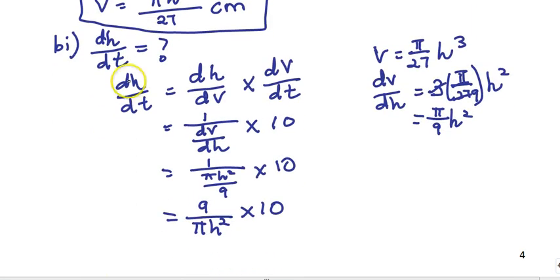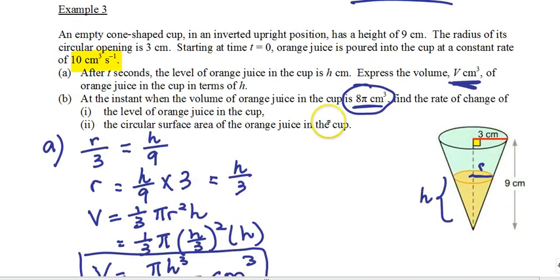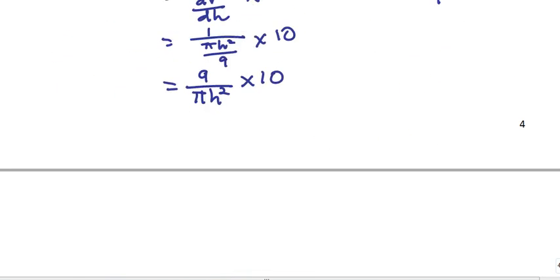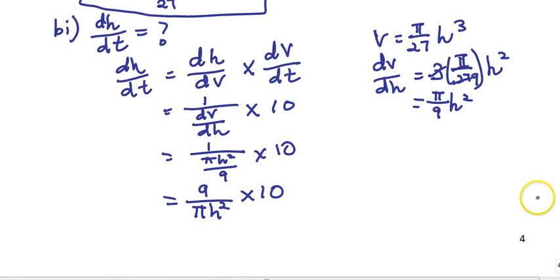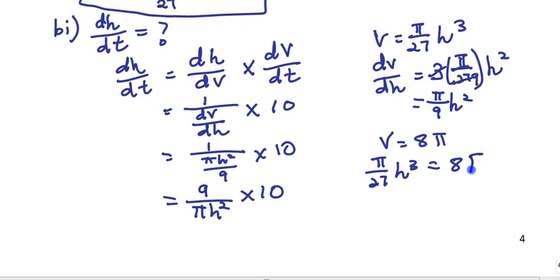So now, the rate of change of the height, we have it given in terms of h. So we want to find this in terms of when the volume is 8 pi. So again, I have to do some working at the side. When V is equals to 8 pi, this means that pi over 27 h cubed, which we get from here, is equals to 8 pi.